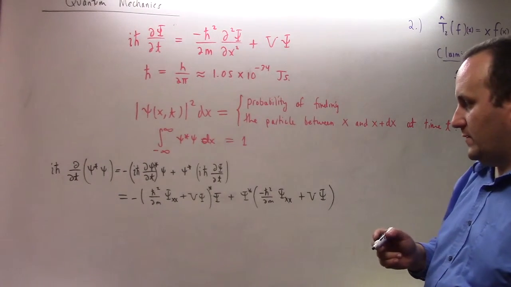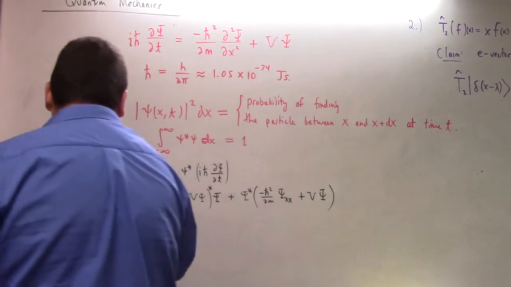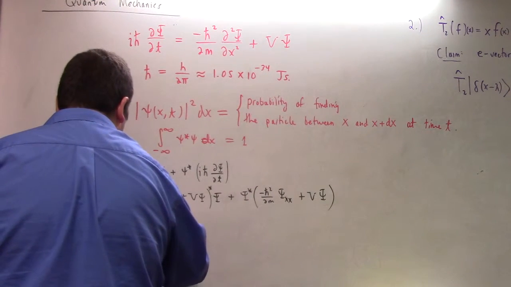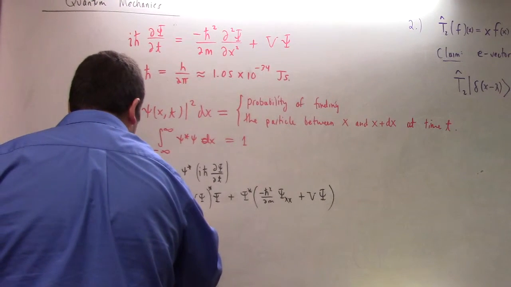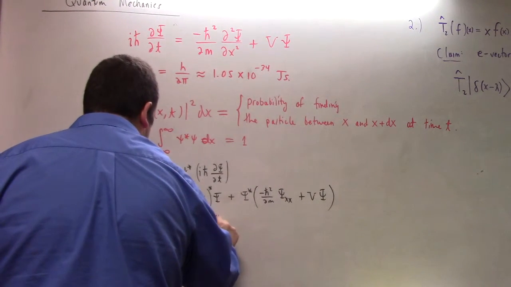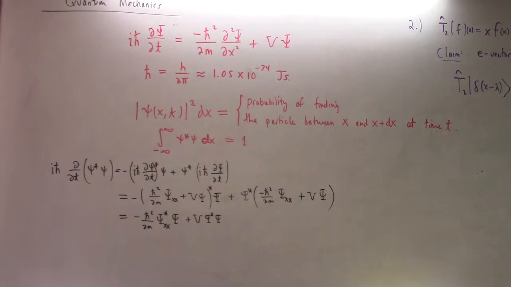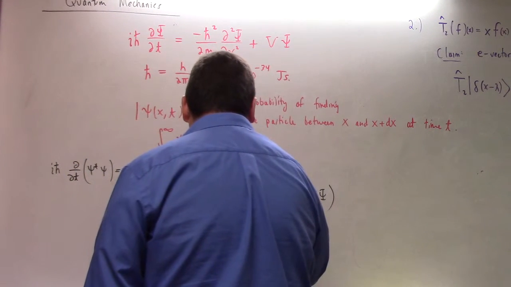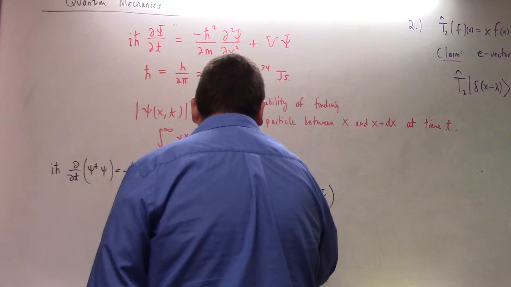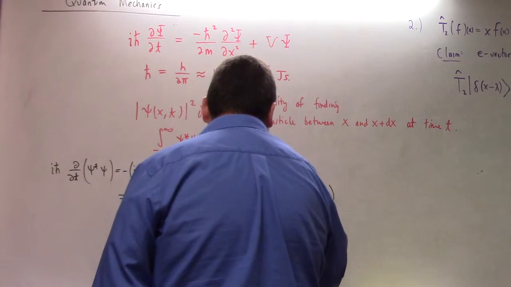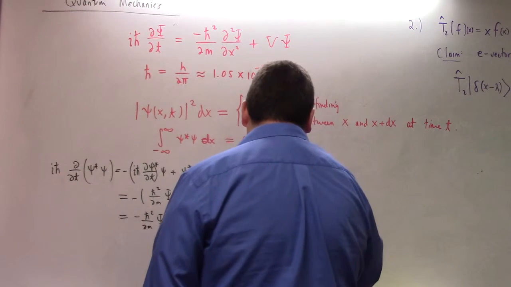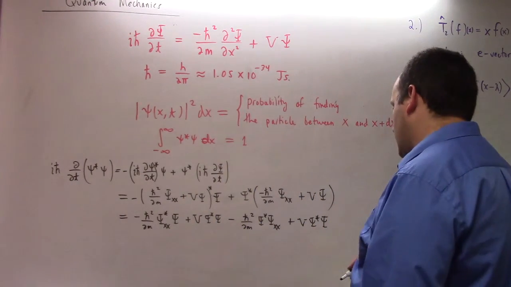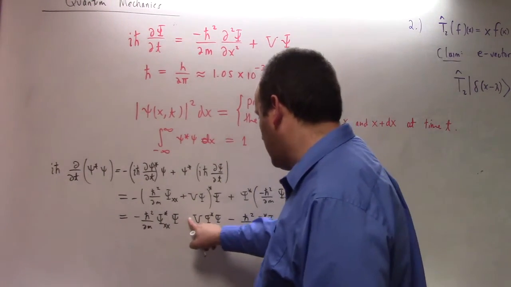The cool thing is, of course, that that's minus h bar squared over 2m psi xx conjugate psi plus v psi conjugate psi, because we assume that the potential is real. Okay, it's a real potential. So h bar squared over 2m psi star psi xx plus v psi star psi. I was supposed to have a minus here, right?